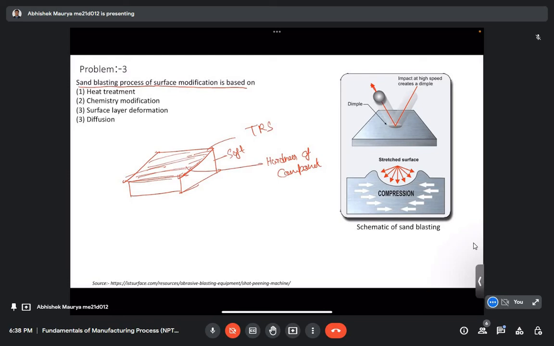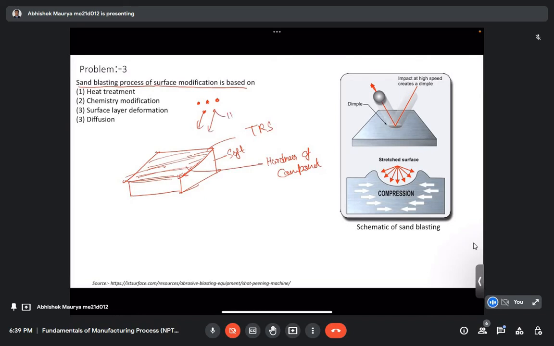If you have attended my previous lectures, there we discussed work hardening. Work hardening means improvement in strength or hardness of the material because of plastic deformation. So what we do, we take lots of sand particles or grit particles and give them high velocity.